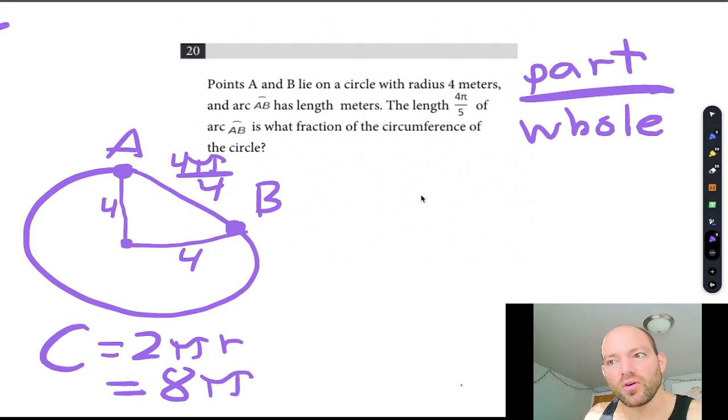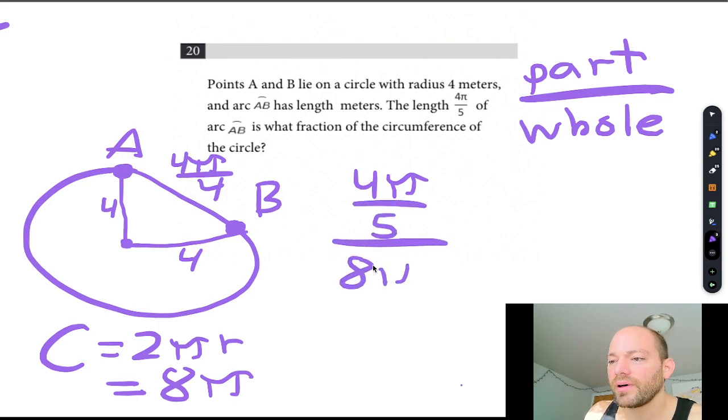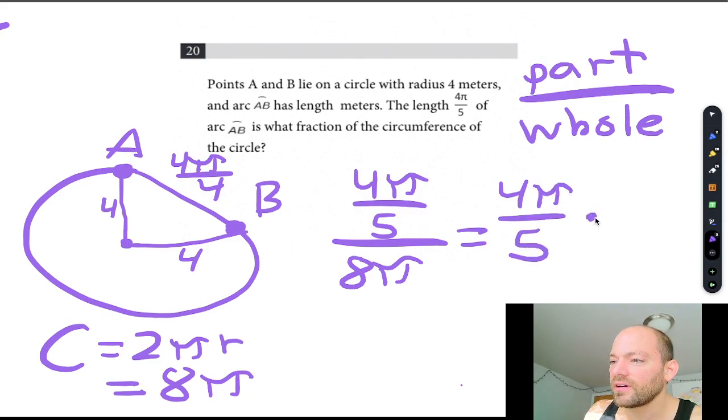And now for our part over whole fraction, that's going to be 4 pi over 5 over 8 pi. We have a fraction within a fraction. It's okay. No reason to freak out over here. It's just like saying 4 pi over 5 times 1 over 8 pi.